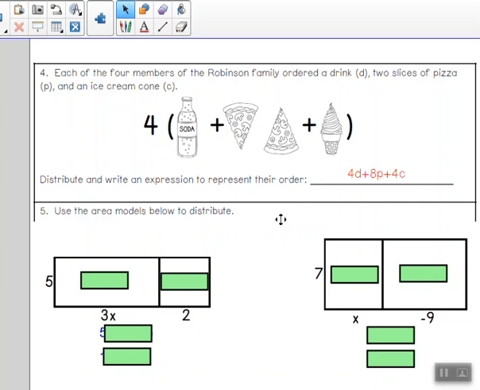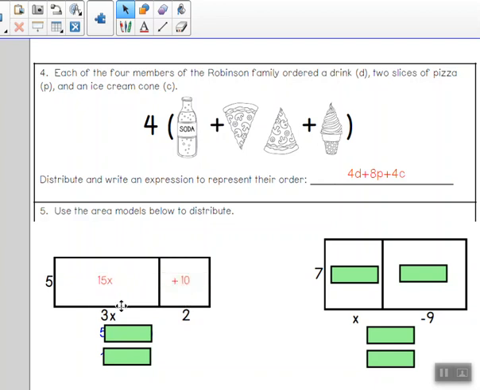Now, we could also use the area model to show distribution. Like if I look at this right here, I could do 5 times 3x. Well, 5 and 3 is 15, so if I just attach an x there, that'd be 15x. 5 times 3x, 15x. If I do this corner and this corner, well, that's 5 times 2, which is 10, okay?